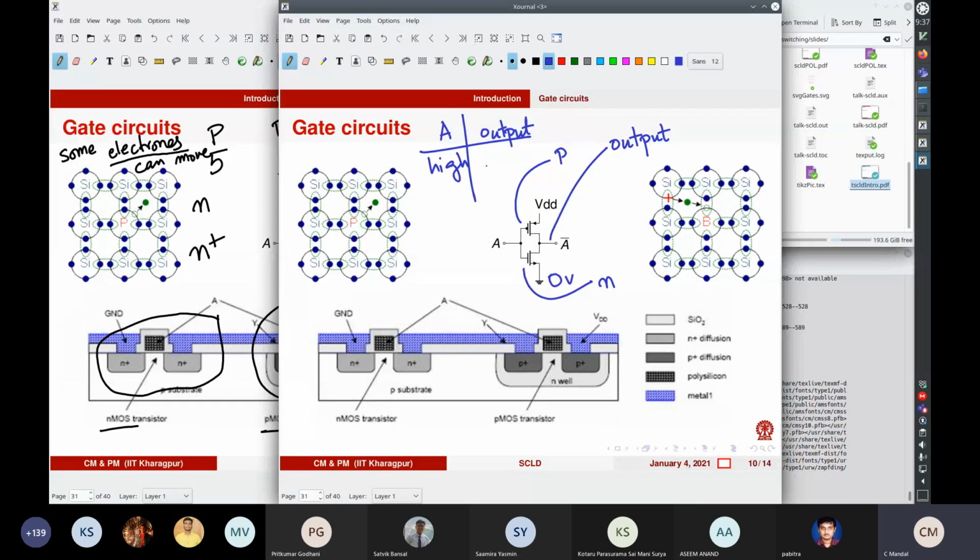And what about the other transistor? A is high, so as we said, when the gate is high, you don't have a channel over here, so this is open.